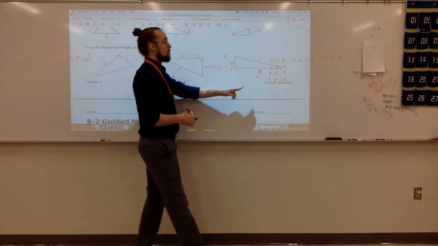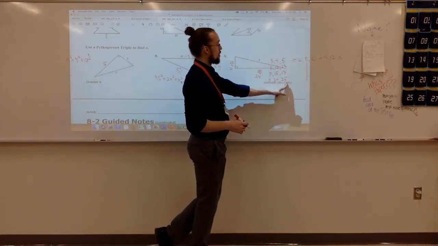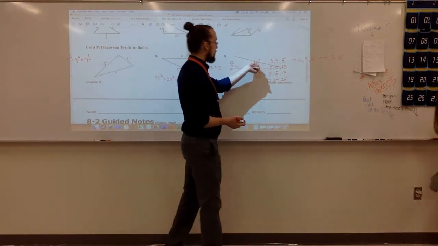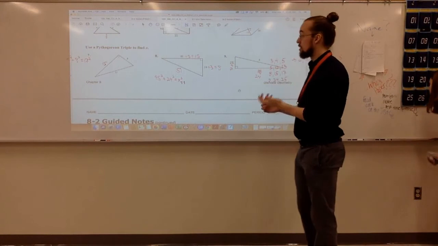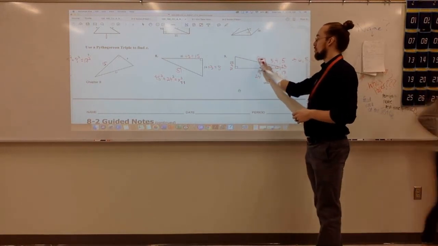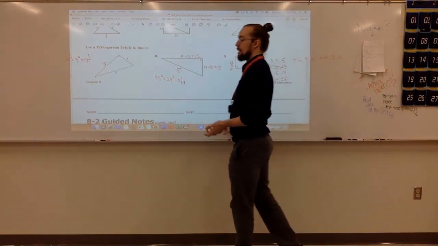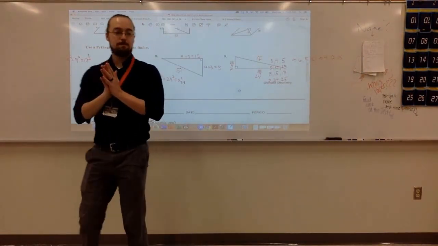So that would fit my 7, 24, 25 pattern. So that means my hypotenuse would be 25 times 4, or 100.